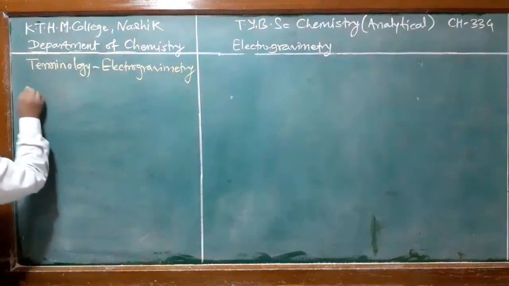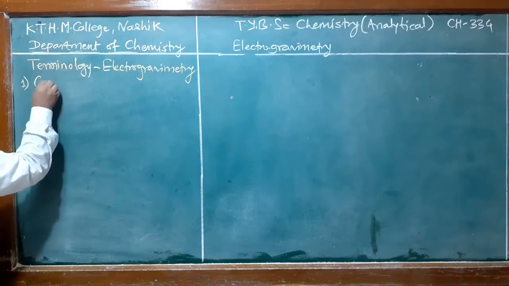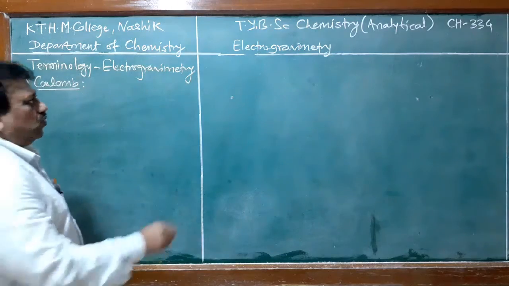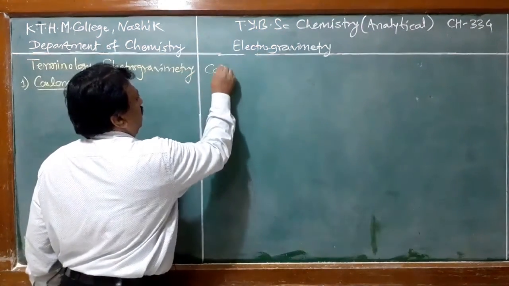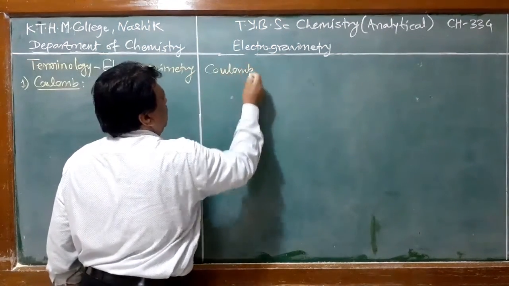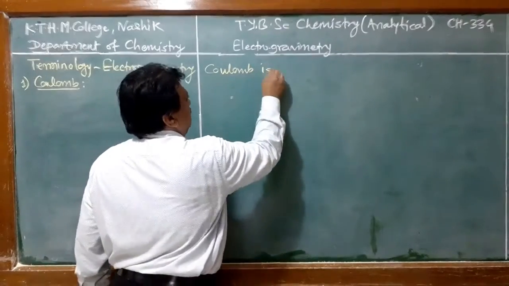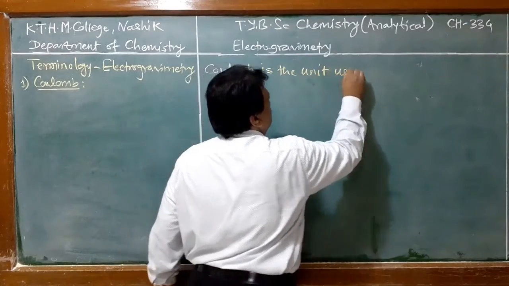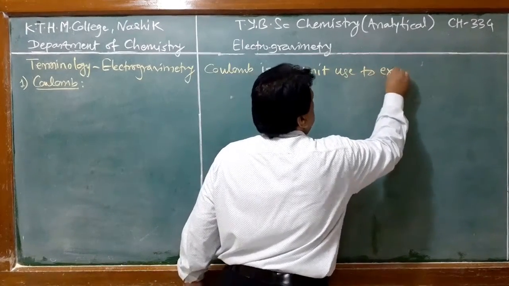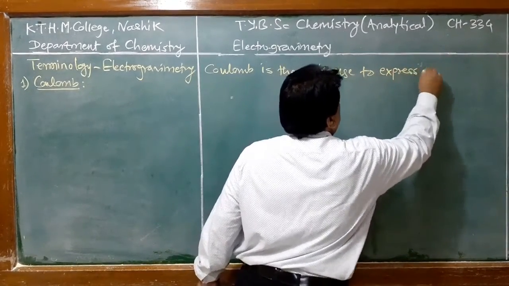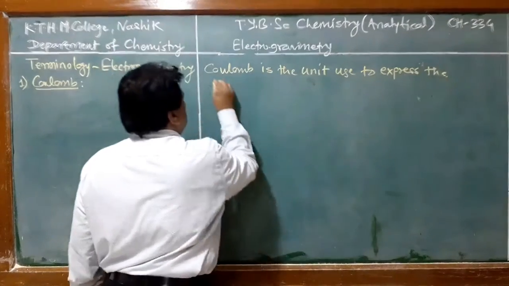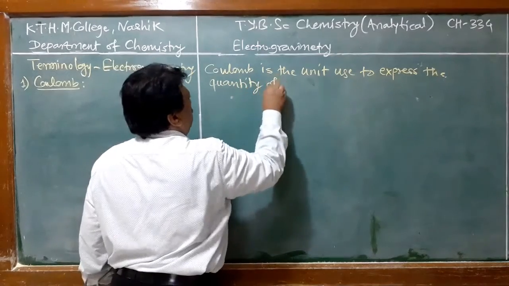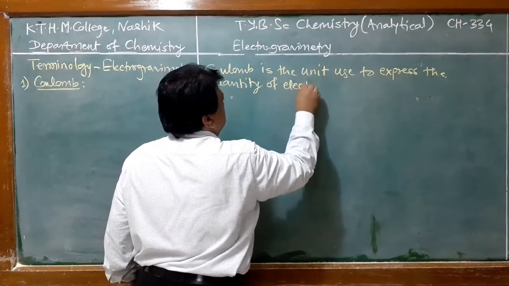First term is the coulomb, that we already discussed. Coulomb is the unit used to express the quantity of electricity.